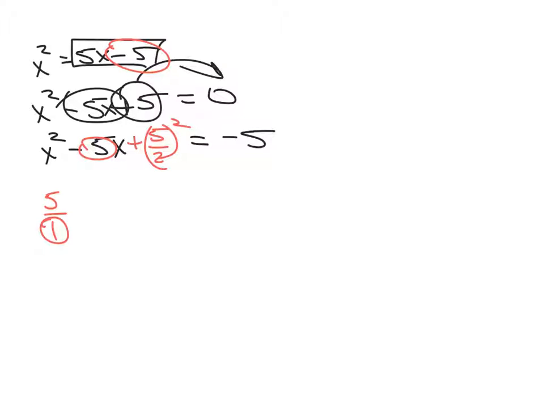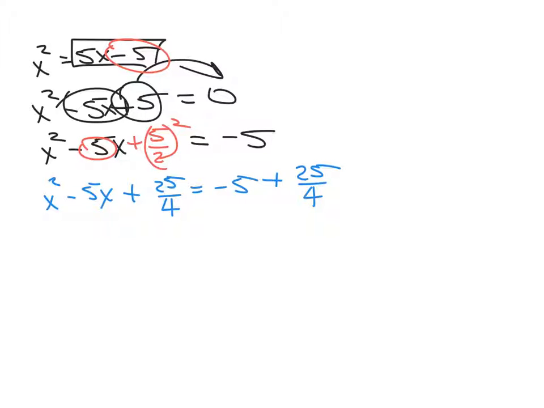So again, it's always half of the middle term squared. So that gives me x squared minus 5x plus 25 over 4, and don't forget to add that 25 over 4 over here. What you do here, you have to do here.